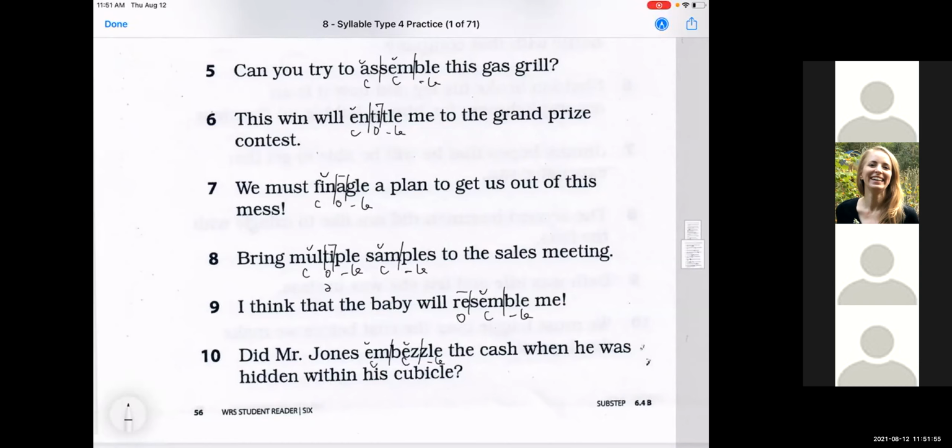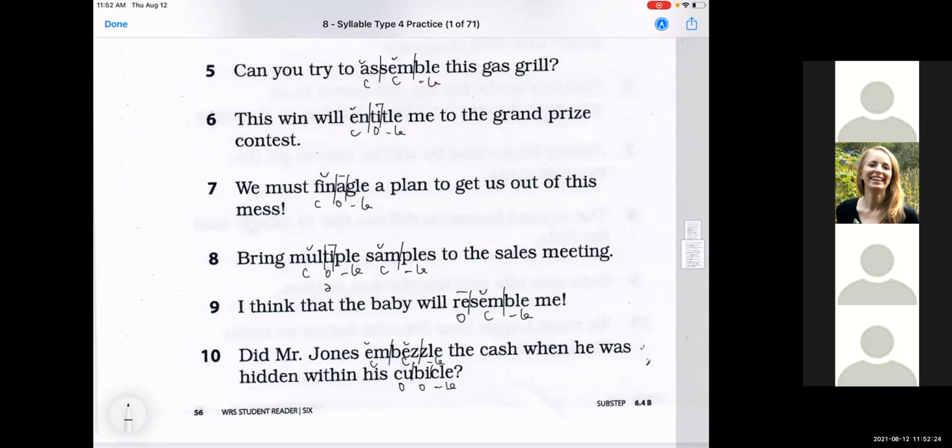And the next word, cubicle. CU/BI/CLE. So U is open, B is open, the Q is a long U. Cubicle.